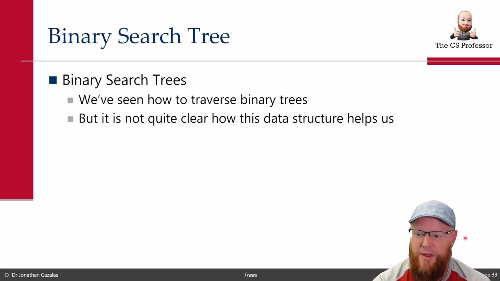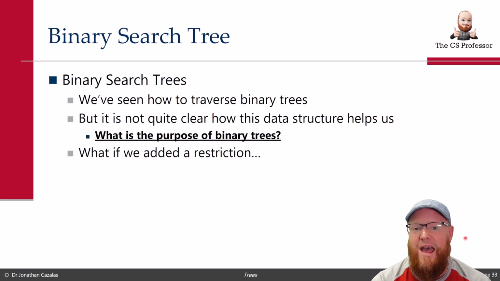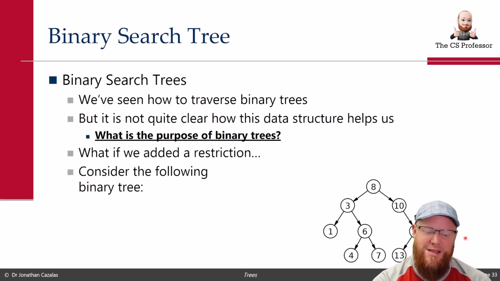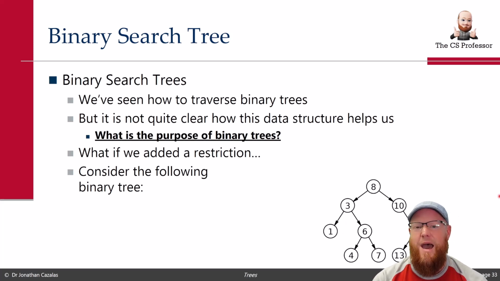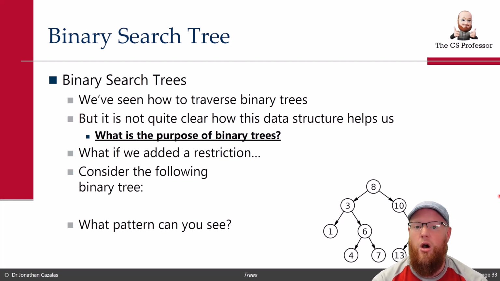Here's the answer. The value of this data structure comes when we add this restriction. Consider this tree that you see here. What kind of pattern can we identify? What can you see? Pause the video and try to identify the organization that is occurring of those nodes.